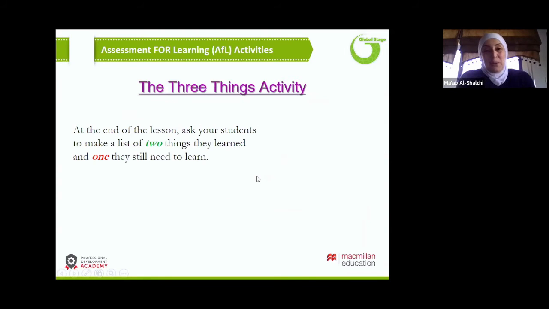This activity is called the 3 things activity. At the end of the lesson, you could ask your students to make a list of 2 things they've learned and 1 thing they still need to learn.